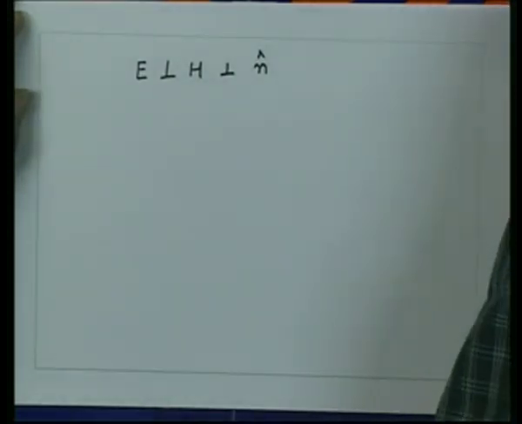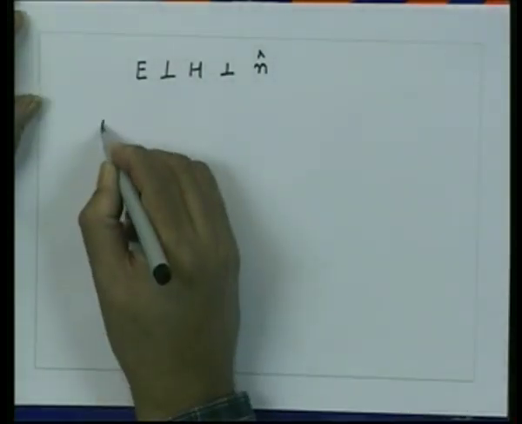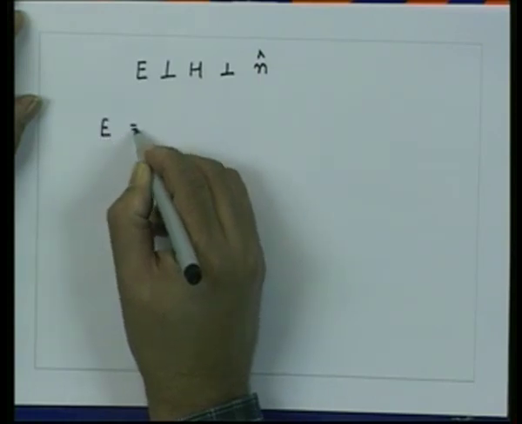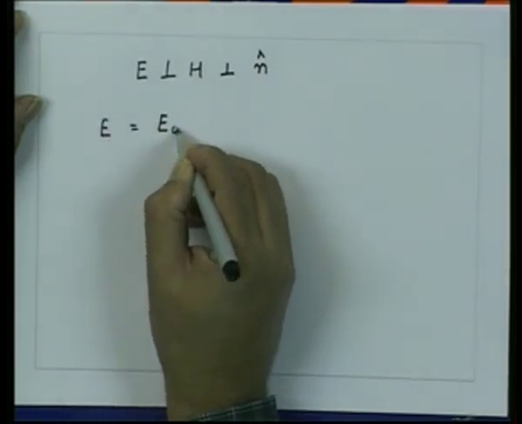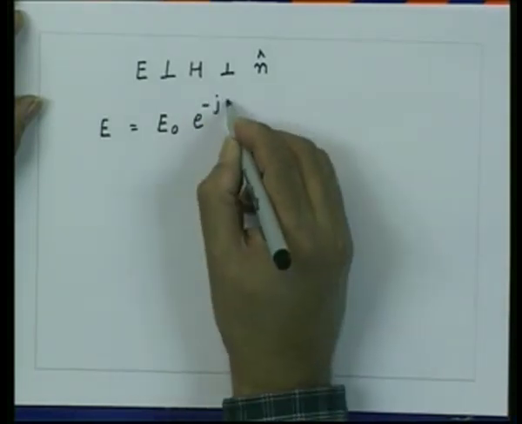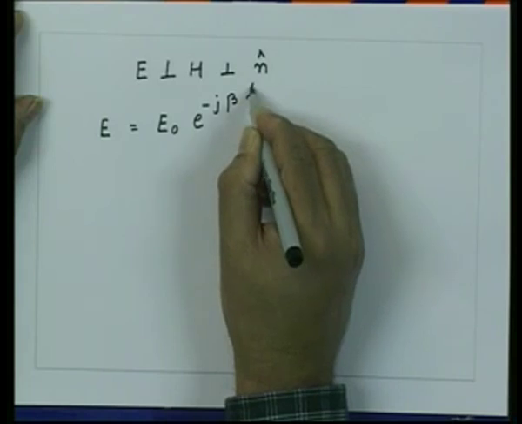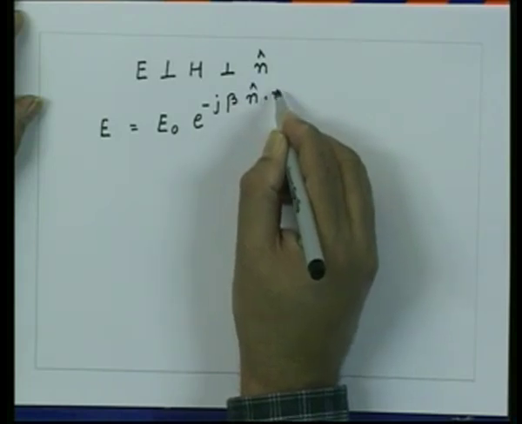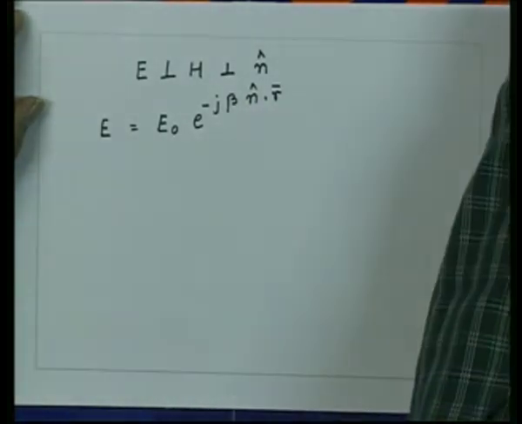Now, we know that if you write down the fields in the standard form, any electric field has some amplitude E0 with a phase function which is e to the power minus j beta into n dot r, and then we can compare this phase function with the phase function which is given for these fields.